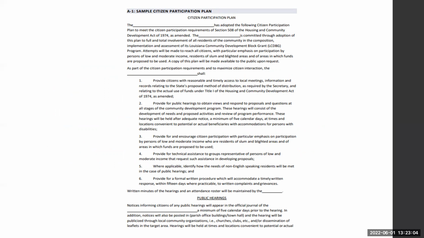It needs to provide citizens with reasonable and timely access to meetings, information, and records related to the project. And it has to provide for public hearings to obtain citizen views. Remember, you're looking for citizen input at your public hearings. They're not just a venue to announce what you want to do with CDBG funds.